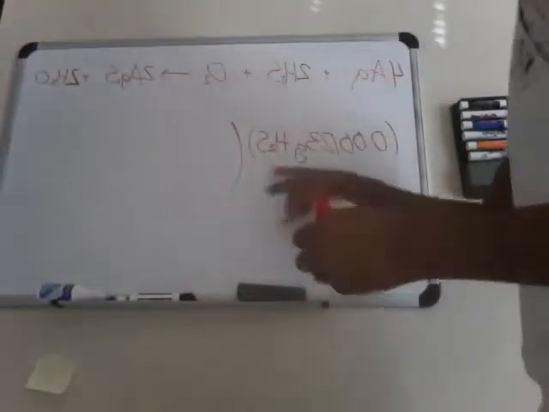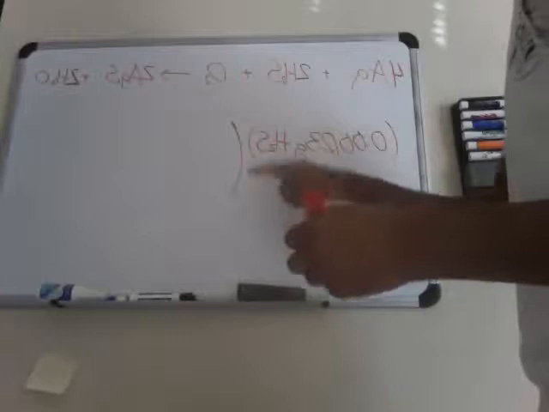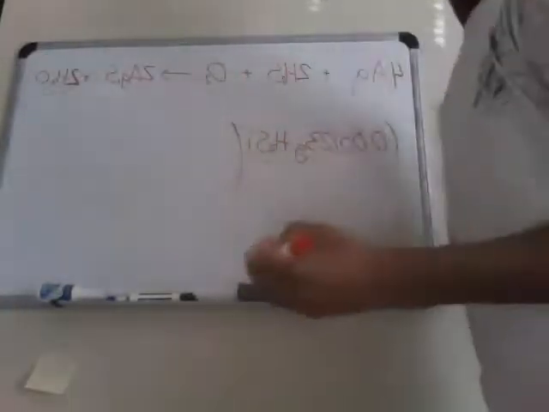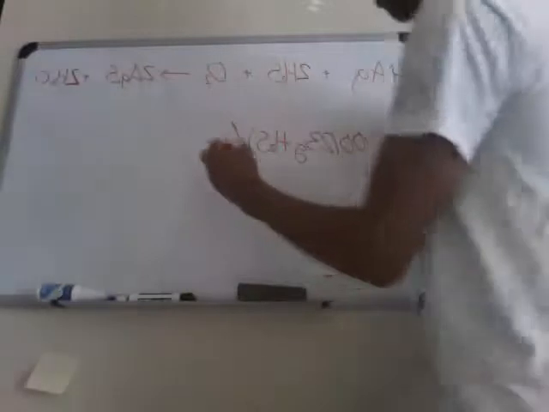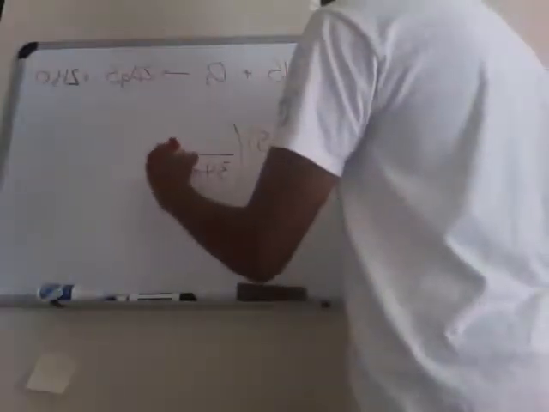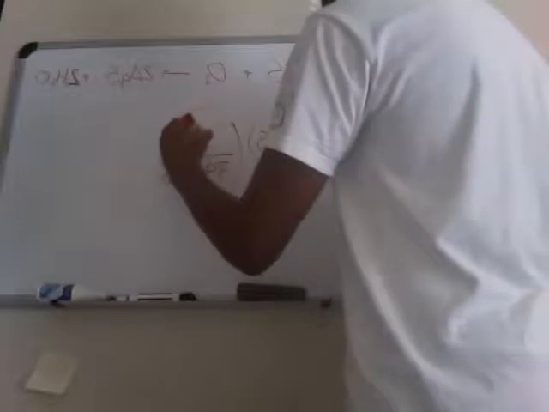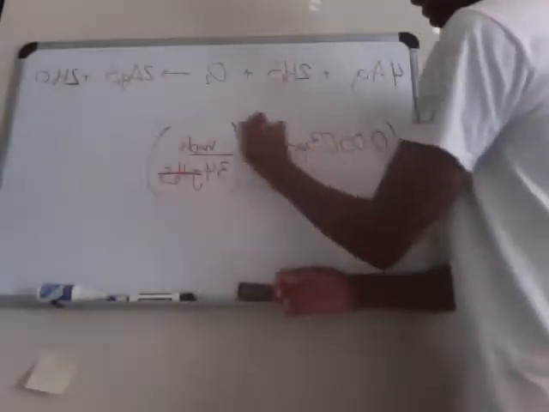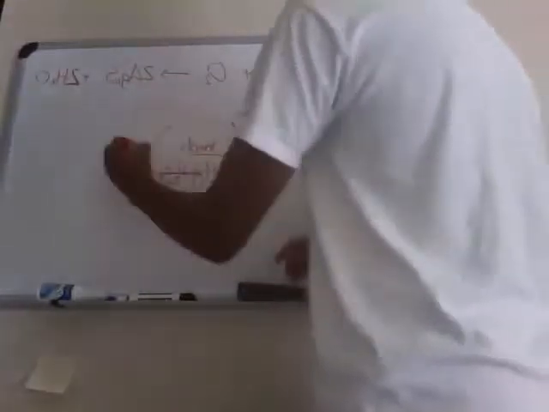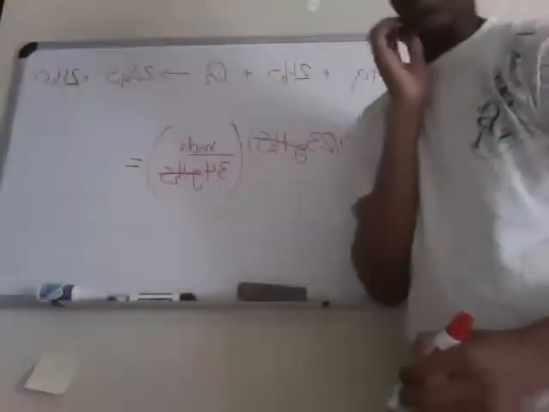So you have 2 hydrogens and 1 sulfur, so 2 plus 32 is 34. I'm almost completely sure that's right. And so you have 34 grams of hydrogen sulfide per mole, right? So the grams cancel out.